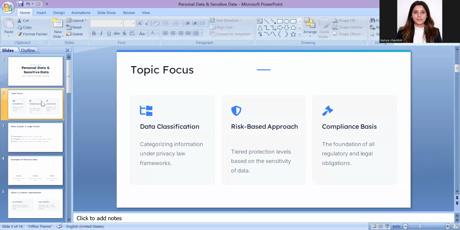So this topic is about understanding those categories, especially personal data and sensitive data, because every compliance obligation later depends upon this classification. If you misclassify the data, your entire compliance framework collapses.